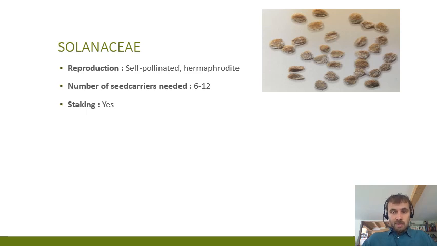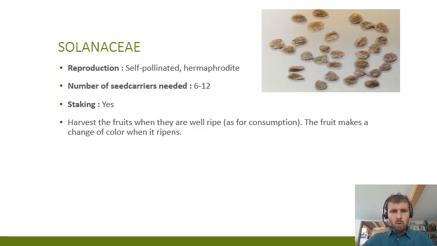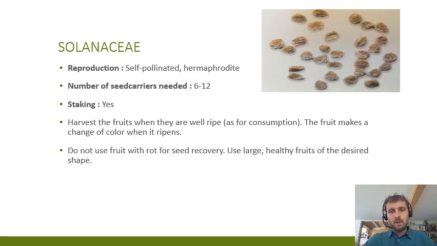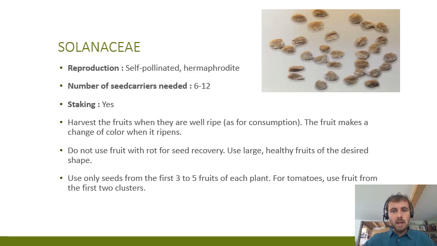You should stake them, of course, so that the tomato or eggplant does not lie on the ground. Harvest the fruit when they are ripe for consumption, use healthy fruits, and as I said before, just take fruits from the first fruits of each plant.